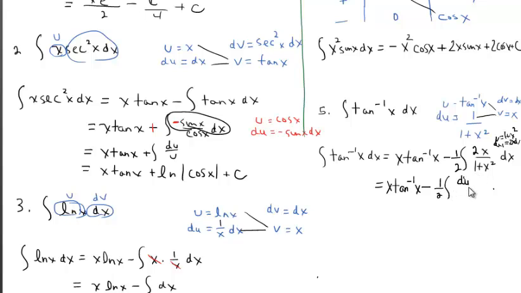So this ends up being du over u. There, I think it finally caught up. Minus a 1/2 natural log absolute value of 1 plus x squared plus c. So that's integration by parts.